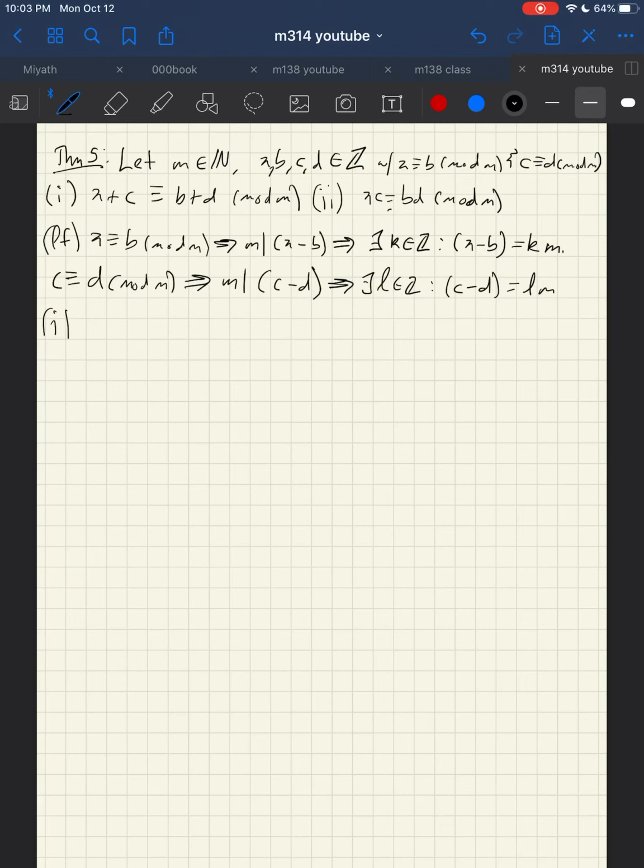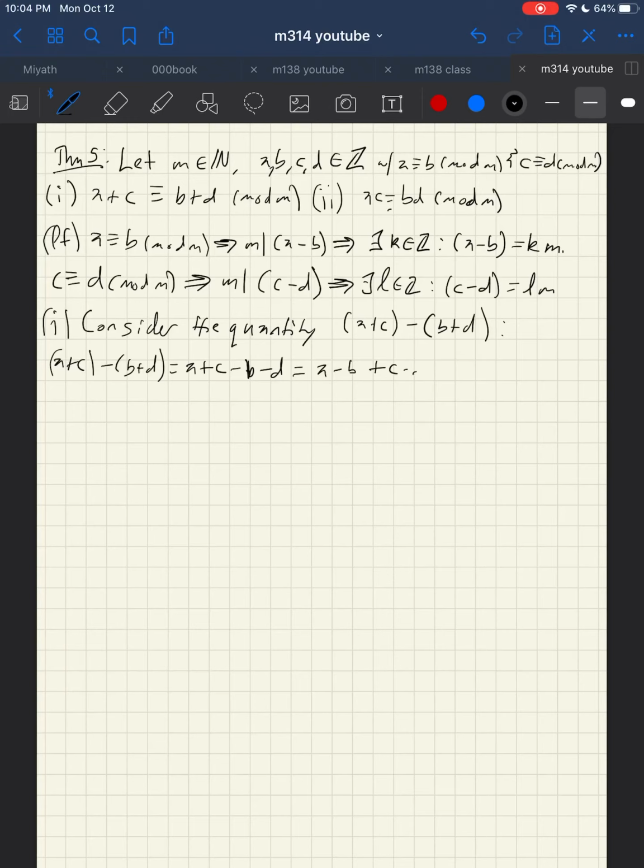Okay, now for part 1, we're going to consider the quantity this minus that. So that's going to be a plus c minus b plus d, right? If I distribute this minus sign, I'm going to get a plus c minus b minus d, which now I can shuffle the order of, and I get a minus b plus c minus d.